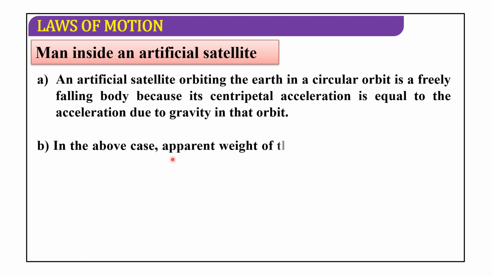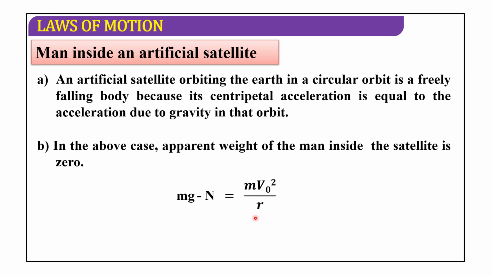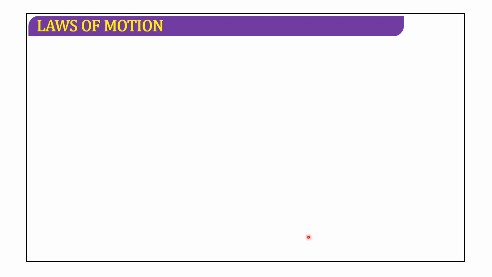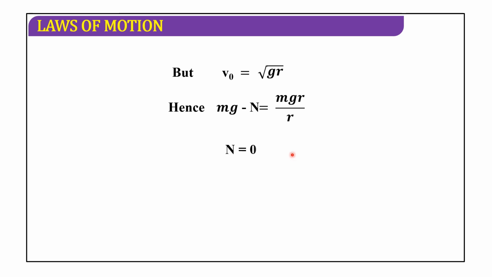So in the above case, the apparent weight of the man inside the satellite is 0. So mg minus N equals m v naught square by r, where v naught is the orbital velocity. But v naught is equal to square root of gr. So hence mg minus N is equal to mgr by r. So N is equal to 0.